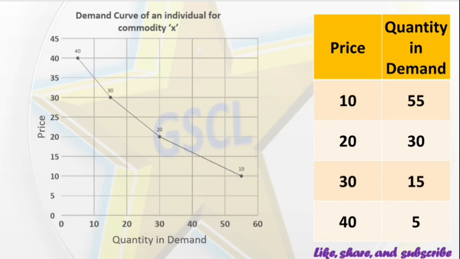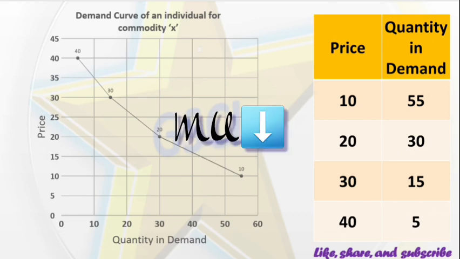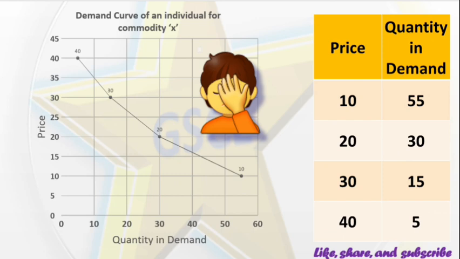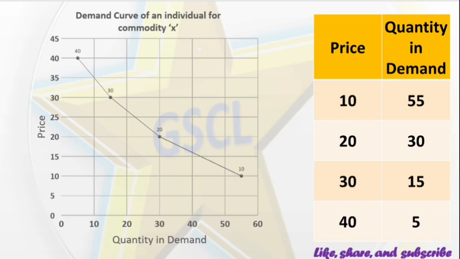Because of the rise in price, the consumer's marginal utility keeps on falling. The consumer is feeling less and less satisfied with the price rise. Lastly, when the price is 40, the consumer purchases only 5 kgs of tomatoes.